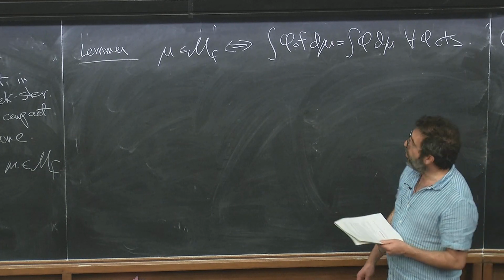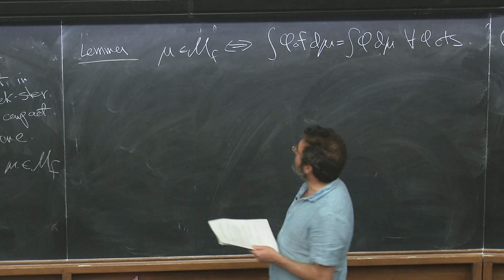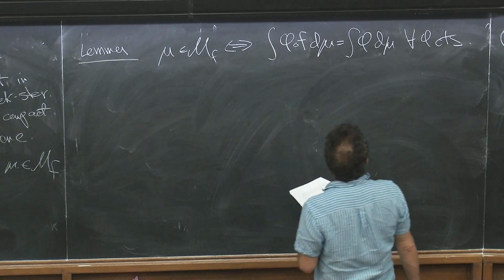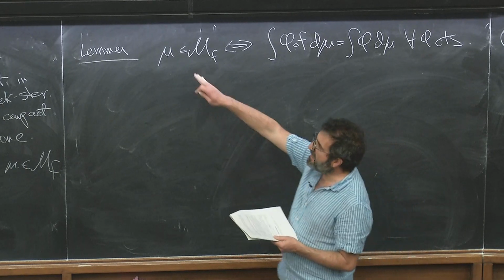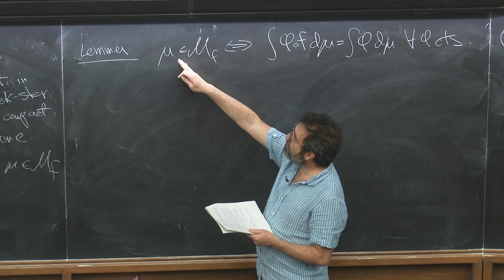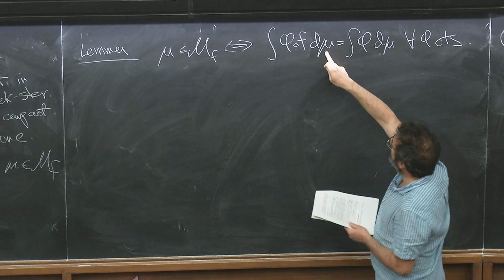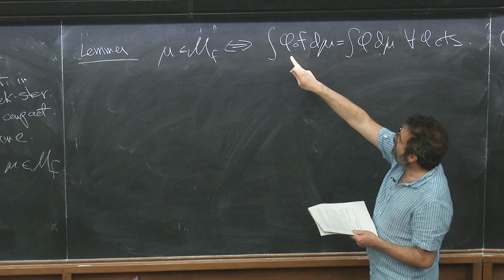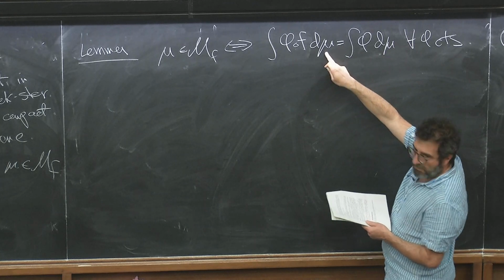So one direction of this is obvious from what we had before, right? Because if mu is invariant, then we have that the integral of phi composed with f d mu.